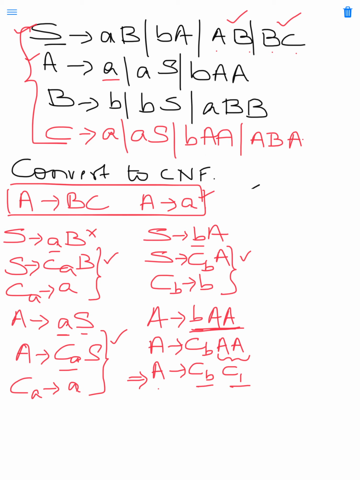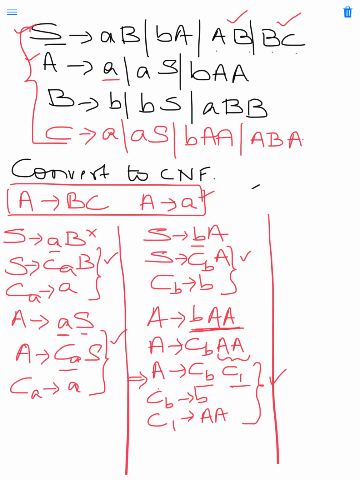Now you have to expand those 2 non-terminals. What is CB? It is b. And what is C1? It is AA. So these productions we have to include in the grammar. Okay, these are the productions which will be satisfying the format of Chomsky normal form.